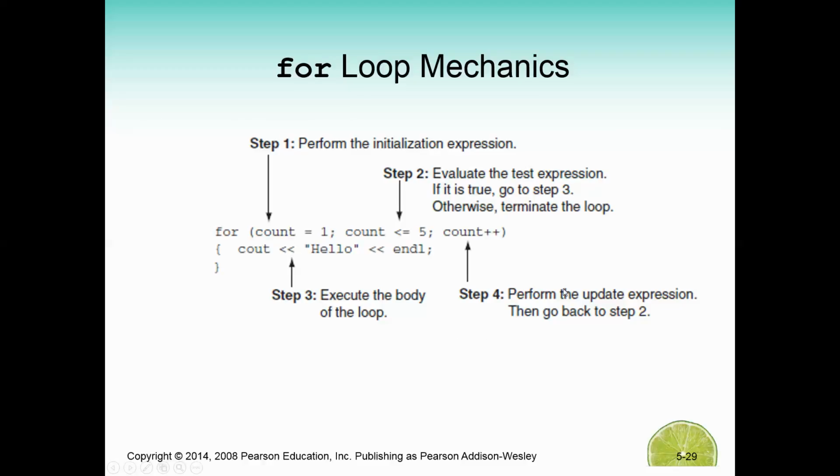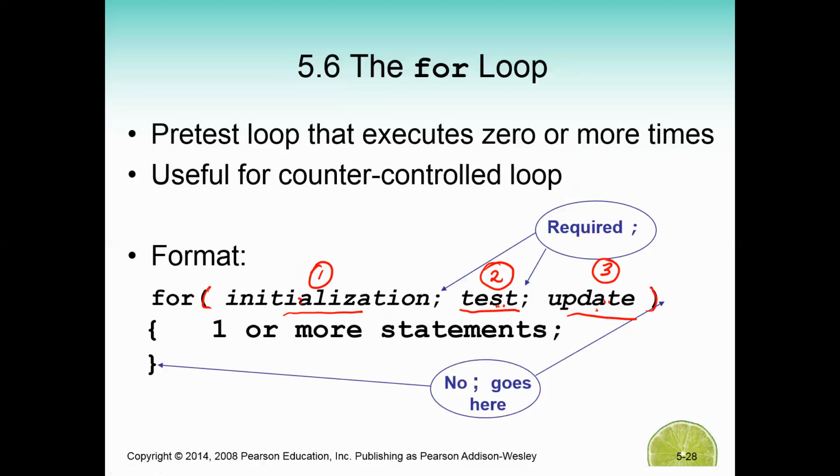If I don't do that, then it's going to create an infinite loop. So we're going to always have a control variable that is going to be repeated in the initialization, in the condition, which is the test, and in the update. And then within the curly braces, all the statements that we want to repeat.